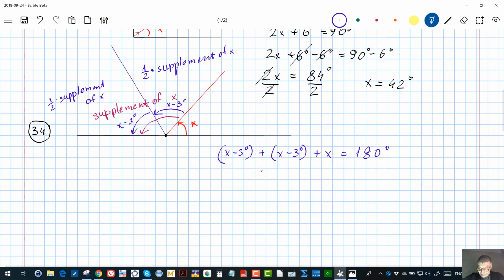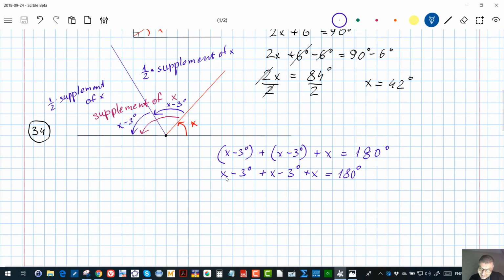Then we solve this equation. Let us open the parentheses. x minus 3 degrees plus x minus 3 degrees plus x equals 180. Oh, sorry, no, 0. Then we combine like terms. We simplify. How many x's do we have? We have 3 x's.